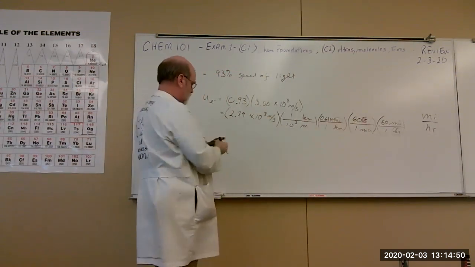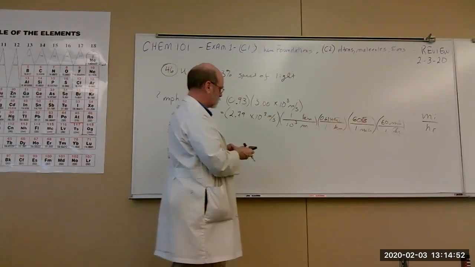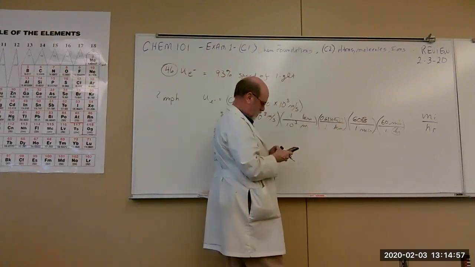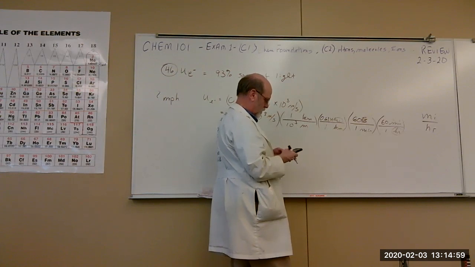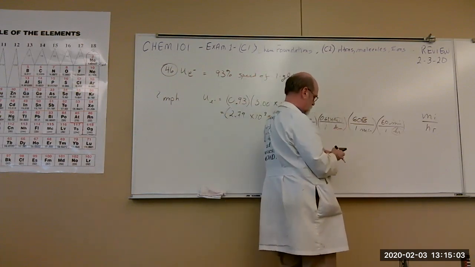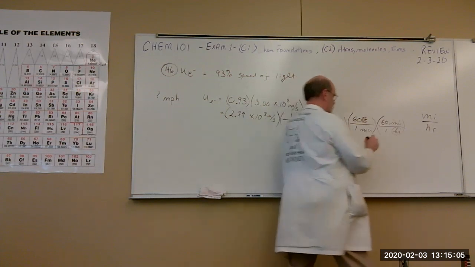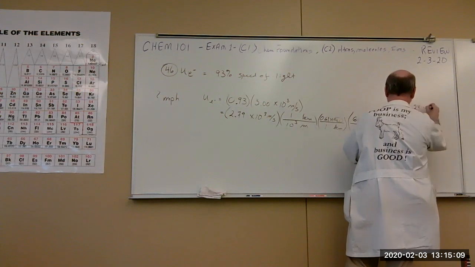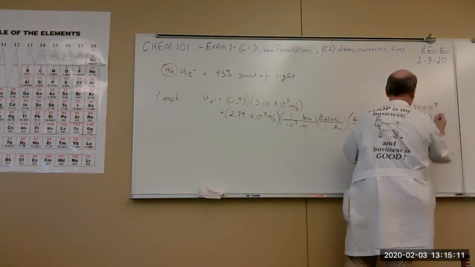So we take this number, divide by 1,000, and times 0.6214, and then times 60, times 60 is 3,600. So it should be 6.24 times 10⁸ miles per hour.